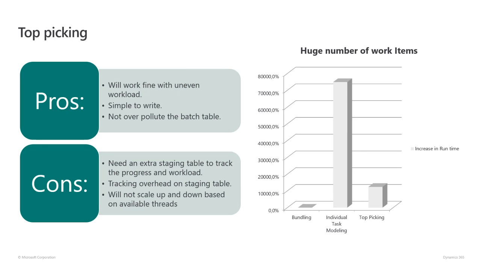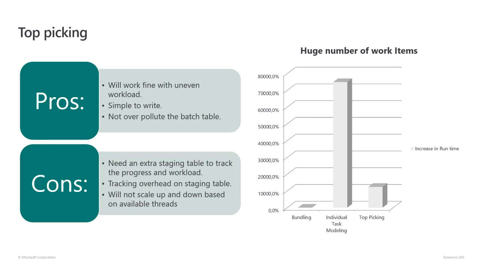And the staging table, of course, on the other hand, has cons, as not only think about the code maintenance, for instance. When a large number of short work items needs to be processed, tracking the work items through the staging table also affects performance and ultimately could affect the throughput.